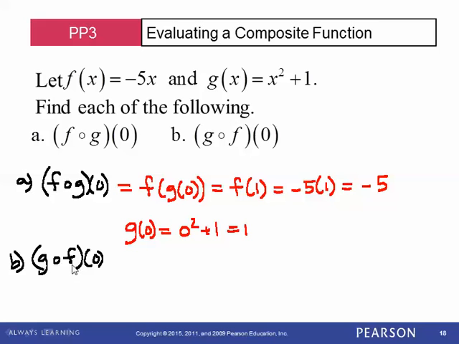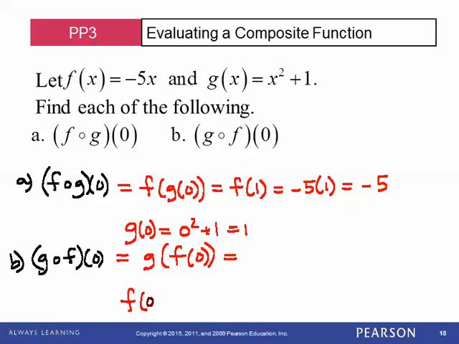Let's go backwards though. What happens if you plug in first into the f function, and then after plugging into the f function, you plug into the g function? Would that matter? Does order matter here? That's the question you're really asking. So algebraically, this means g of f of 0. Plug the 0 into the f function.